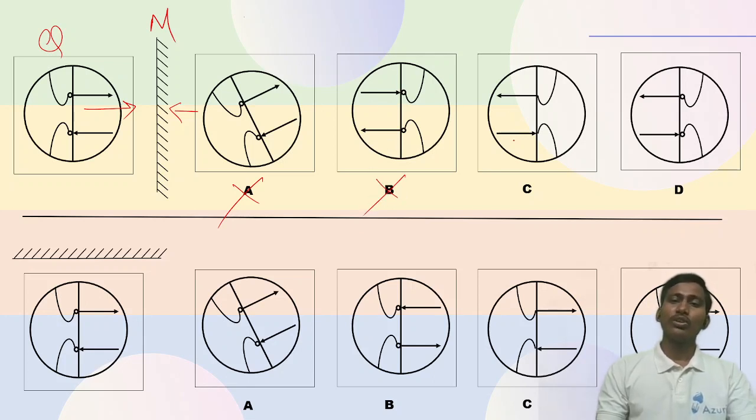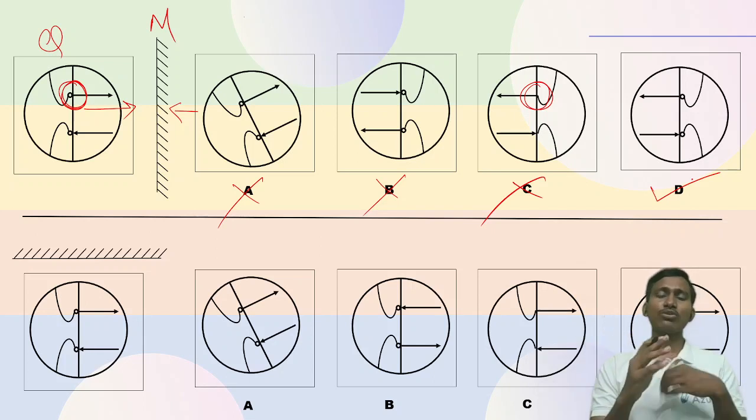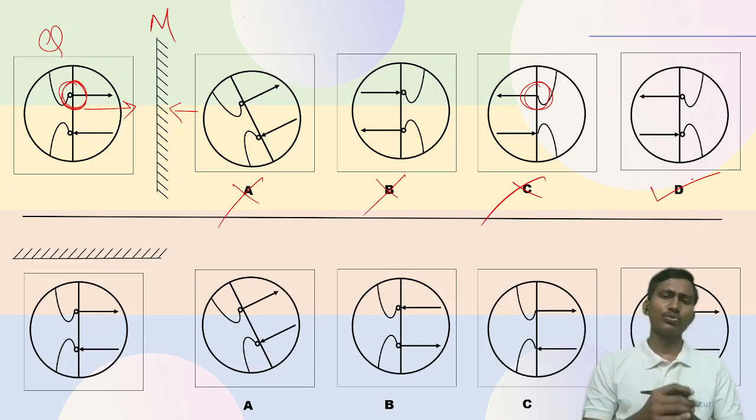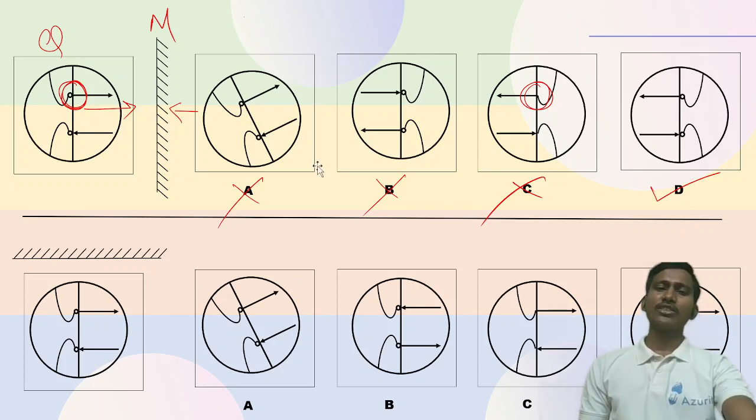Now in C, there is a small circle in the question figure, but here there is no such thing, right? So that is also wrong. So the answer option will be option D. Got it? So you have to eliminate like this, which is not possible. If you are getting confused, then find out the answer which is possible. Understood?